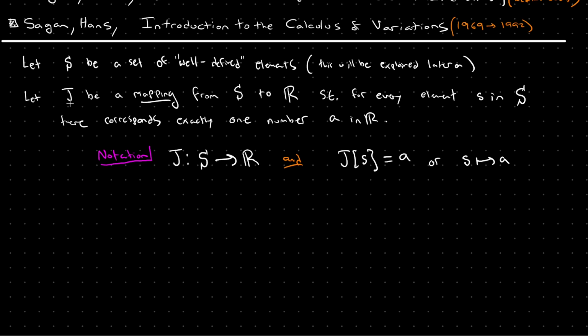However, a very common letter to use for a functional is J, and we say that the functional itself is a mapping from the set of well-defined elements to R, such that for every element in this set, there corresponds exactly one number, A, in R, which we call the value of the functional at the element S in S. The notation for this mapping is standard mathematical function notation, which is that J maps the set S into R, and for the exact mapping, we typically write J of S equals A, or the element S in S maps to the element A in R.